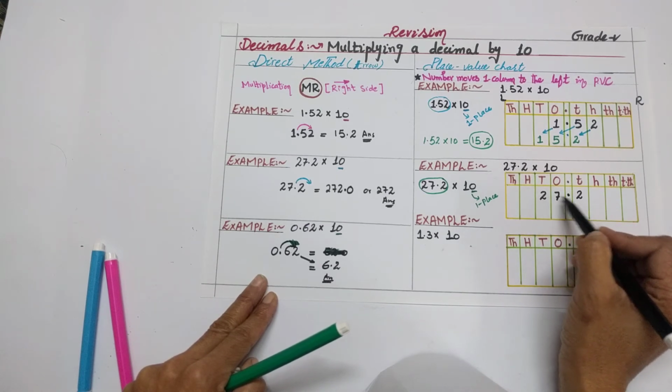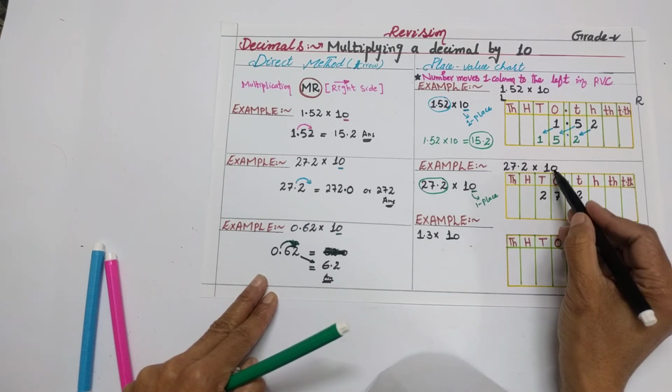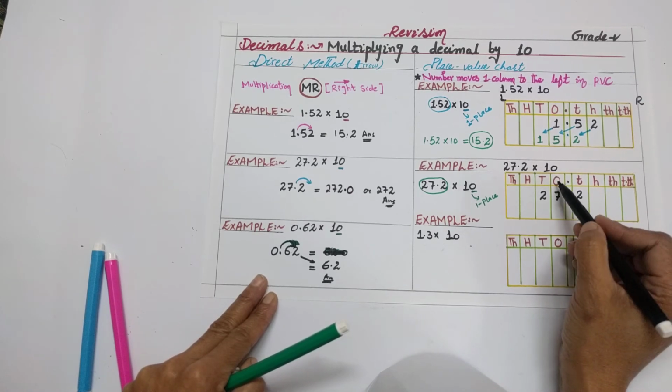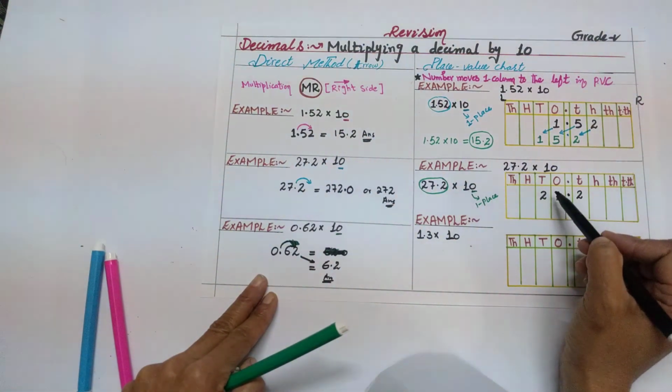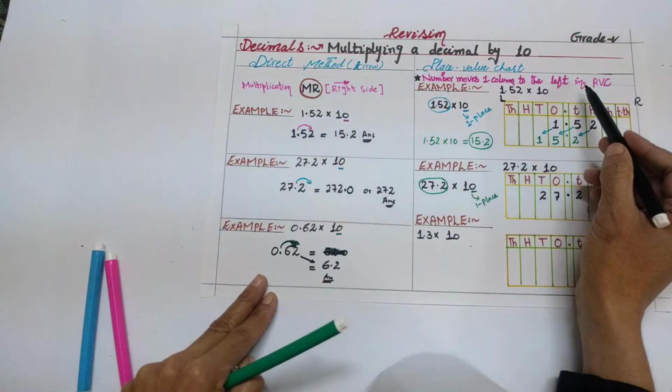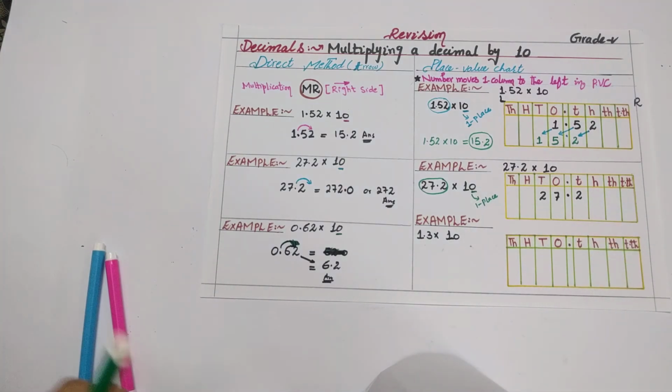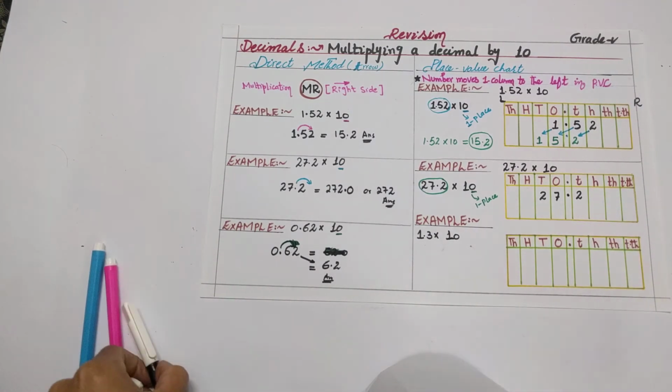Now we will multiply this 27.2 by 10. When we multiply a decimal number by 10, our number will move one column to the left in the place value chart. So let's start the movement of the digits.